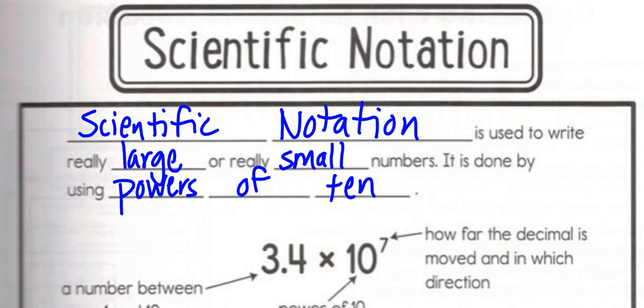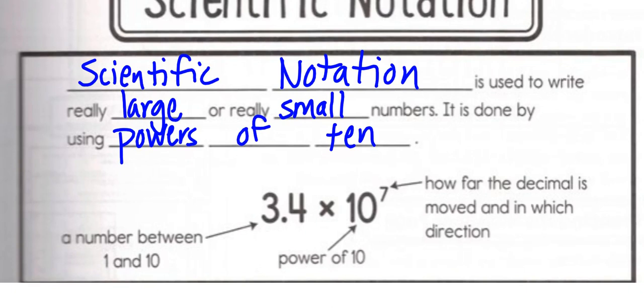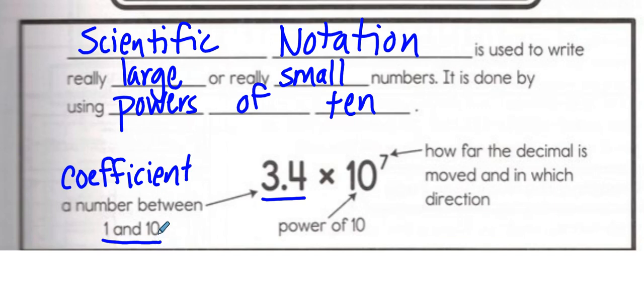All right, so we have an example here at the bottom. This is the format of scientific notation. You have this first number, which is called the coefficient. To be in correct form, it's always a number between 1 and 10. So this is 3.4, and that's between 1 and 10.